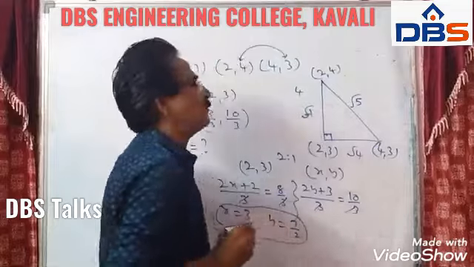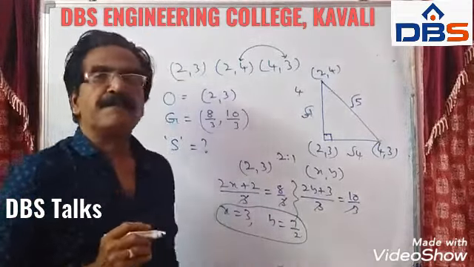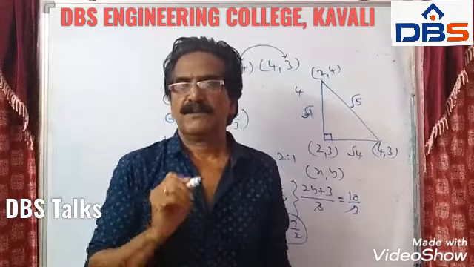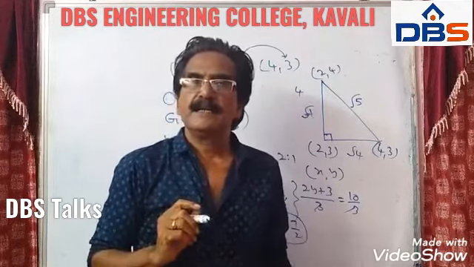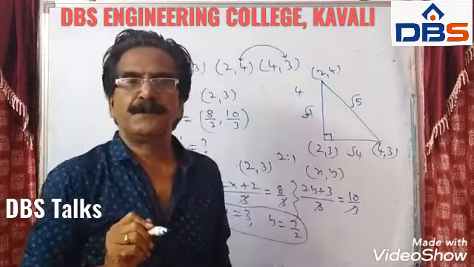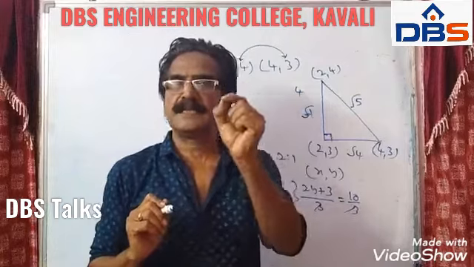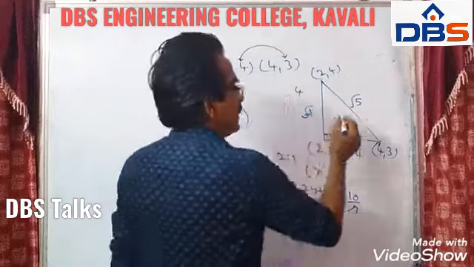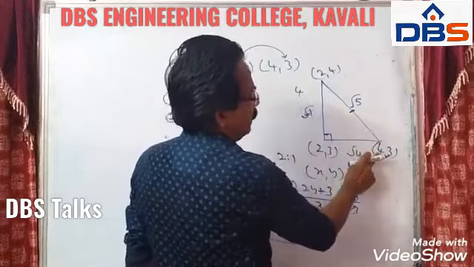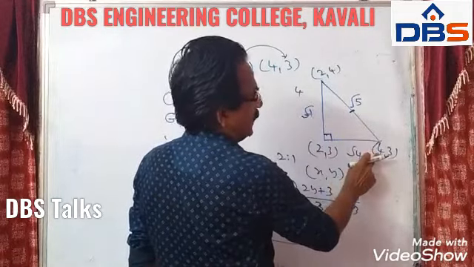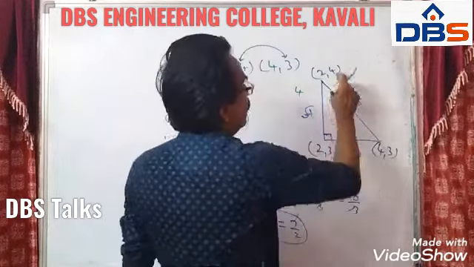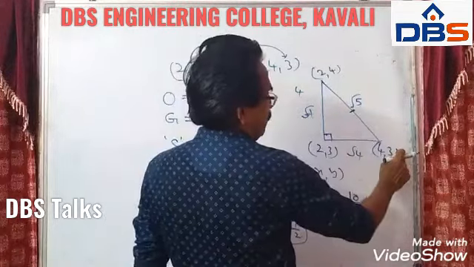See, one important conclusion I wanted to tell you, friends. For a right angle triangle, the midpoint of the hypotenuse itself is the circumcenter. Now let us see what is the midpoint of the hypotenuse. (2 plus 4) by 2, we got 3. (4 plus 3) by 2, 7 by 2.